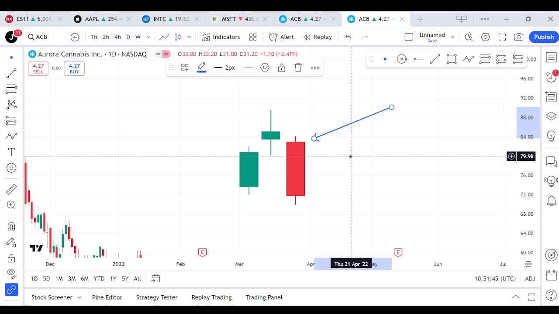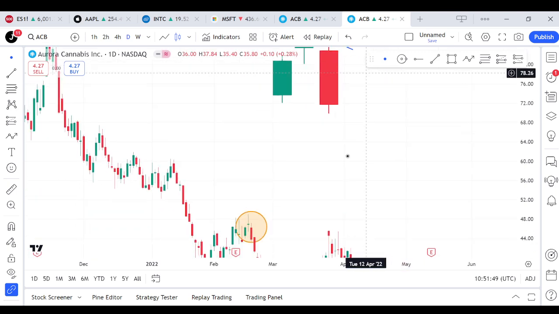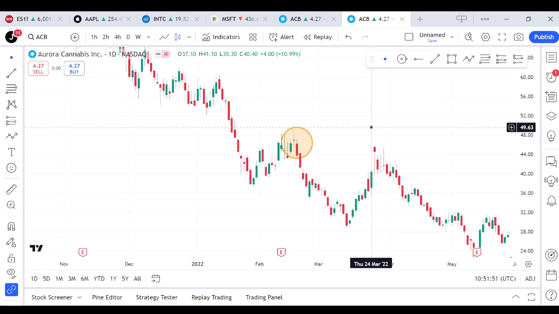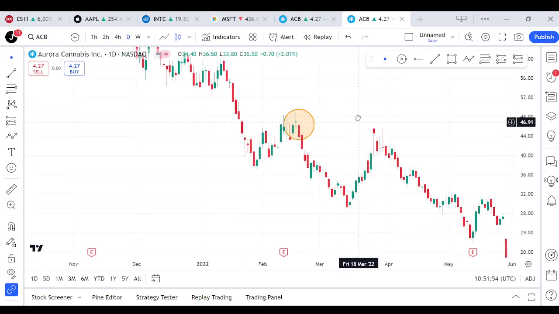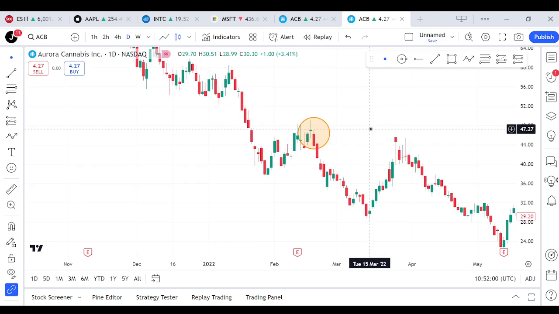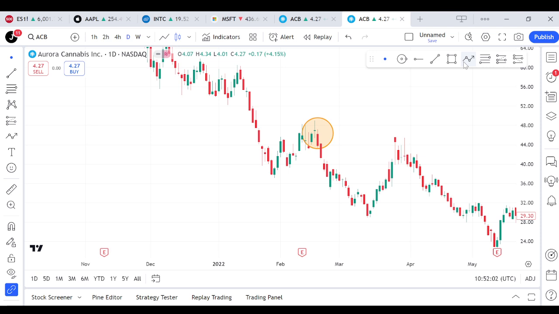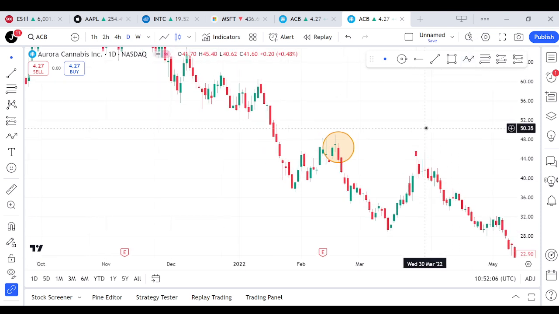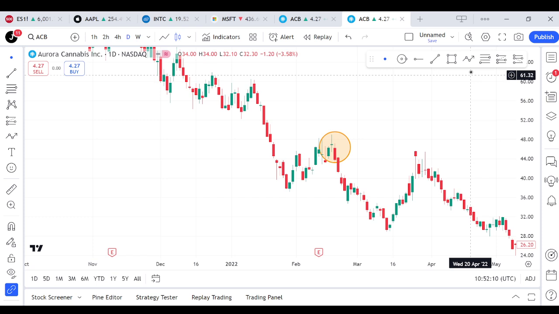Okay, without wasting your time, let's hop on the charts and try to find this pattern. So you can see this pattern right here. This is the bearish doji star candlestick pattern on the charts, and we are on the daily time frame, which is advised because the daily time frame is a much higher time frame, and we'll spot fewer false signals or false patterns.